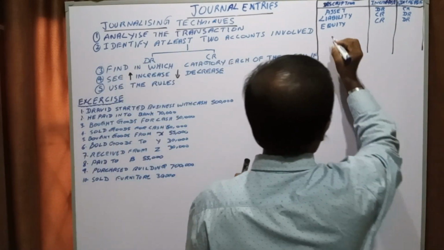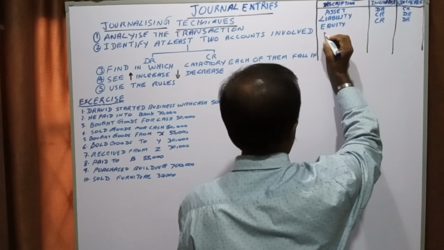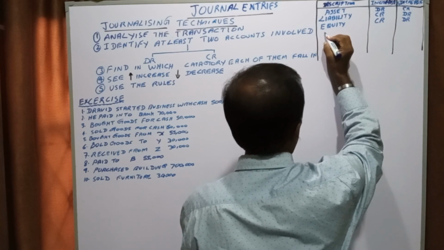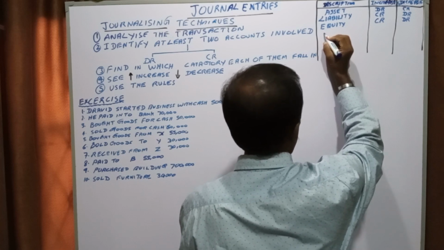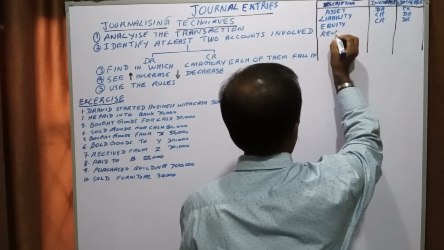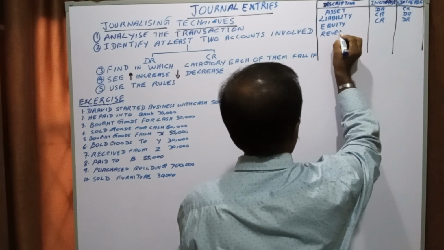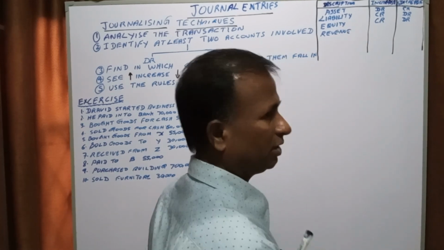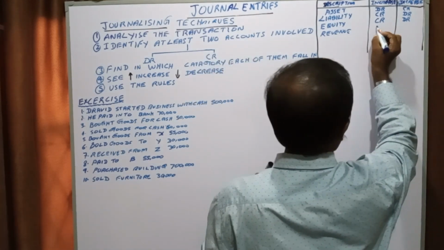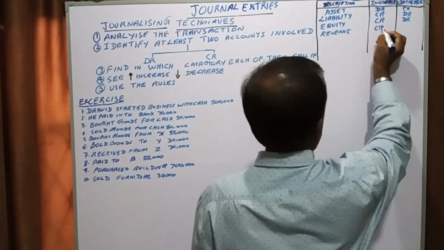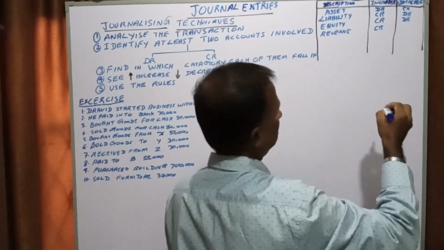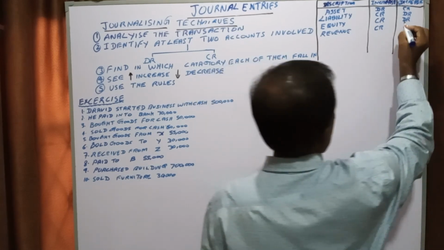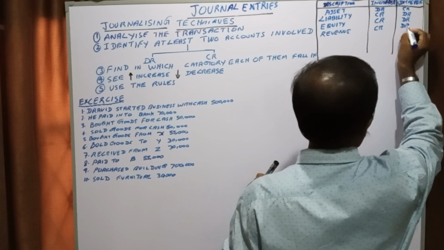Then thereafter, revenue. If there is an increase in revenue, you have to credit it. If there is any decrease in revenue, you have to debit it.